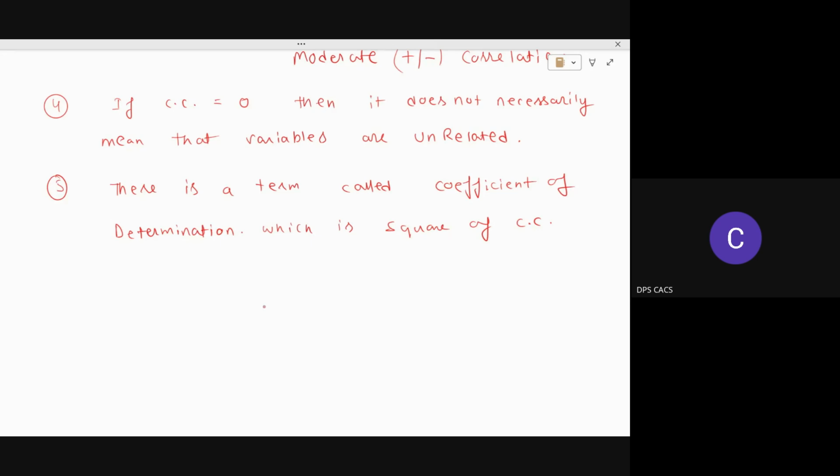Coefficient of determination. Example, do not copy. R is 0.5. Tell me what is coefficient of determination? 0.25. Any problem? 0.5 into 0.5, 0.25. So they will provide you R in exam and you will give them this. Very easy. But for that, sir, if they do not give me R, then I will compute it.